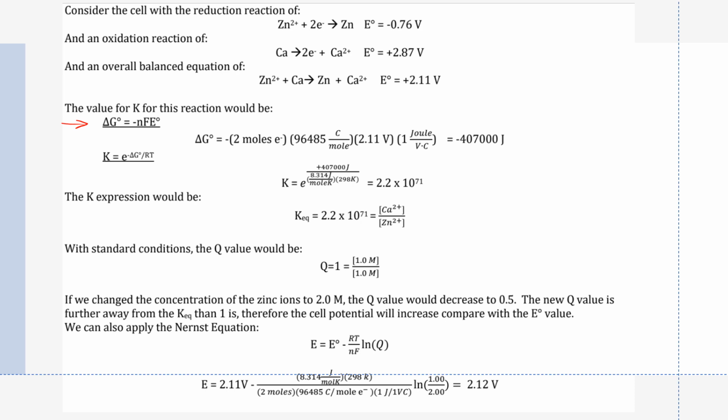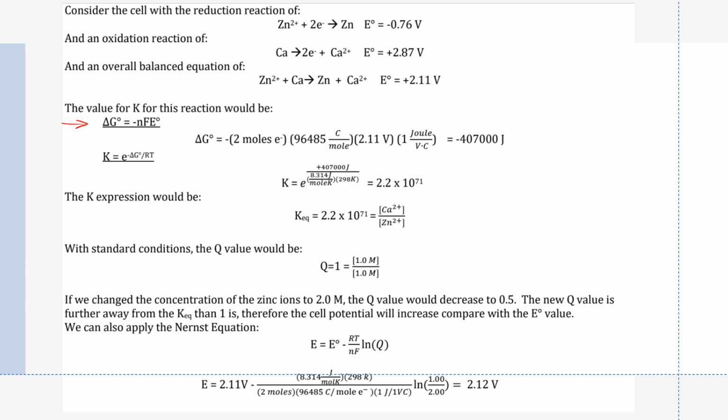To find the K, it is e to the negative delta G0 over RT, so that's positive 407,000 joules divided by your R, 8.314 joules per mole Kelvin, times your temperature in Kelvin. That will be 2.2 times 10 to the 71st.